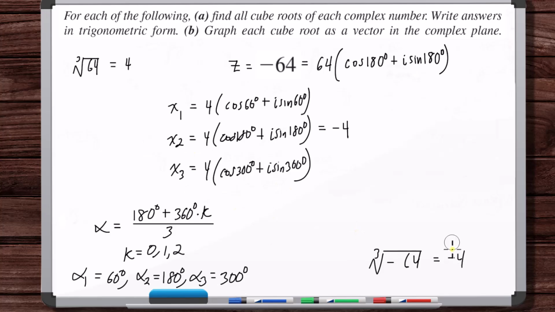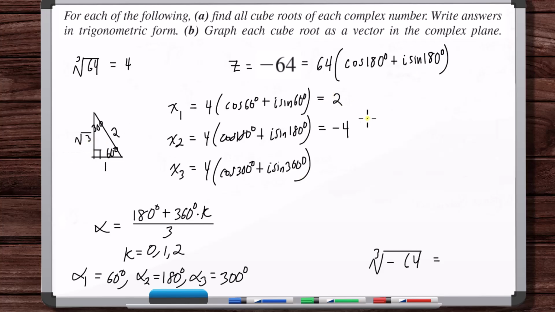According to complex analysis, the principal root should be the following. We've got the 30, 60, 90 reference triangle: 1, root 3, 2. So cosine 60 is 1/2, and 1/2 times 4 is 2.